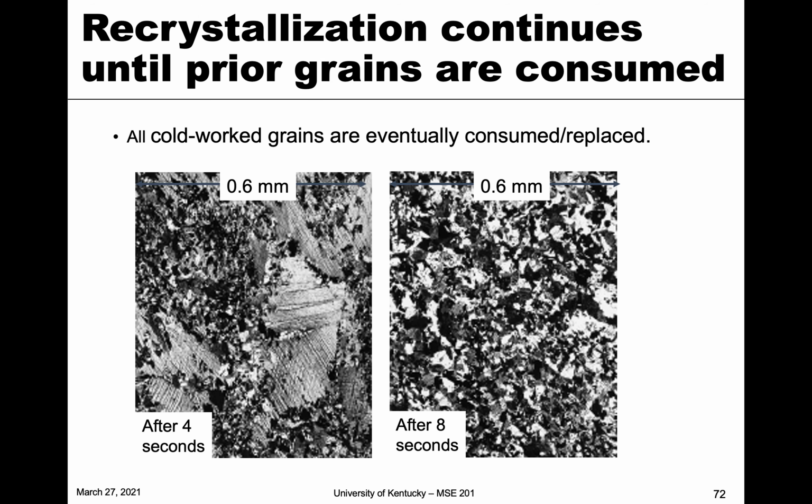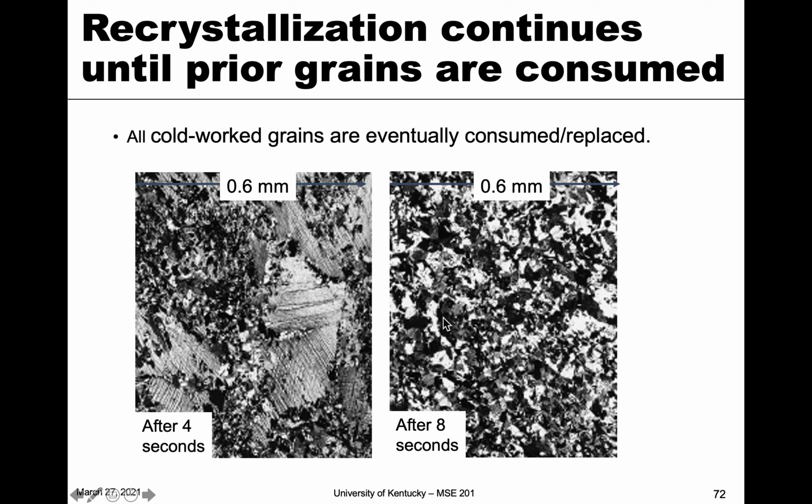All right. During this recrystallization process, as long as it's at that temperature, it will continue until the original structure has been consumed. You'll form more and more new grains, and those grains can actually grow as well. But you tend to get a lot of very small grains and they consume. Here you can see they have continued to grow and you've continued to nucleate more grains.